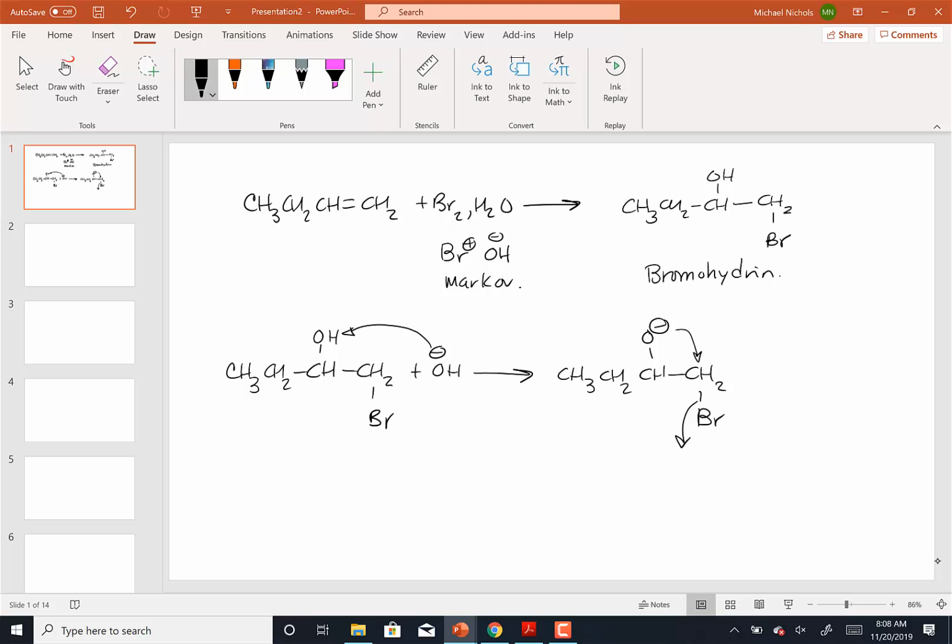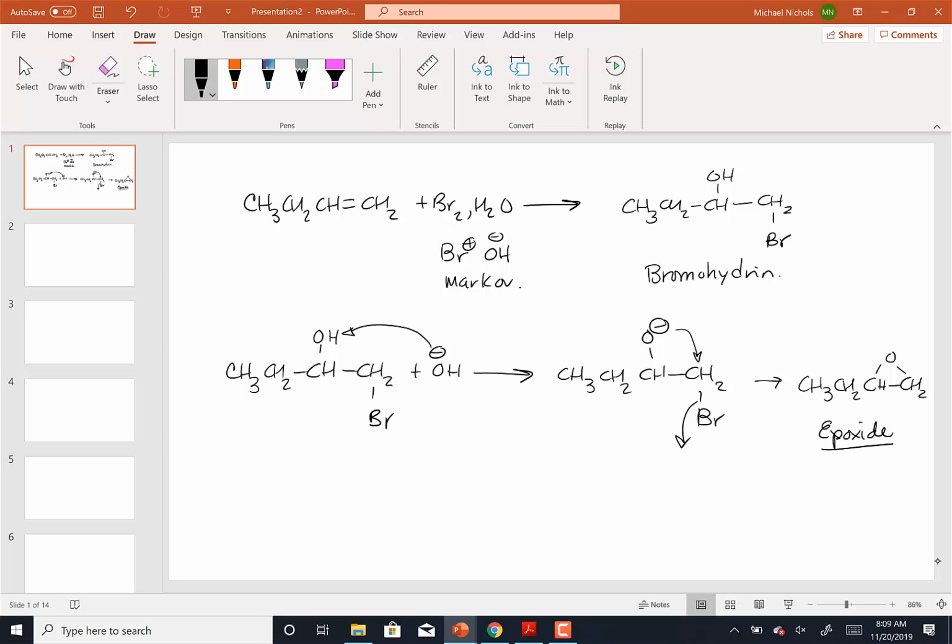Again, this is perfectly set up because I added the Br and the OH 100% trans. When it kicks off the bromine, I end up forming the oxygen bonds between the CH and the CH2. And this is what is called an epoxide.